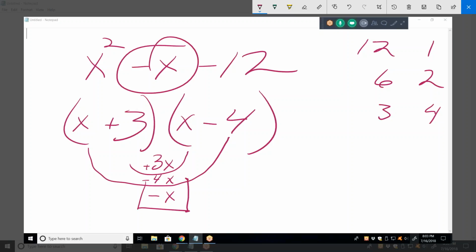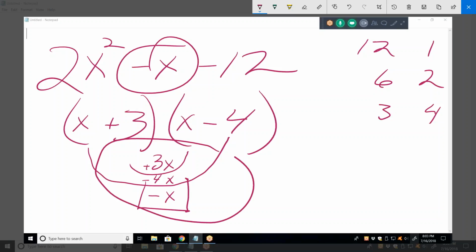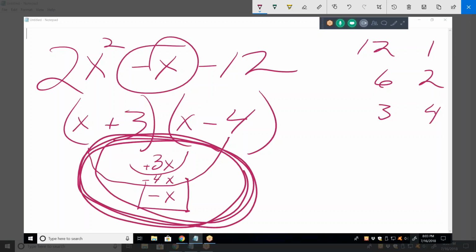Now, when you get to second level quadratics, where there's like a 2 in front of that, now this is an integral part of the process. That's no longer just a check. That's the way you figure out the answer. So it's really good to understand this.